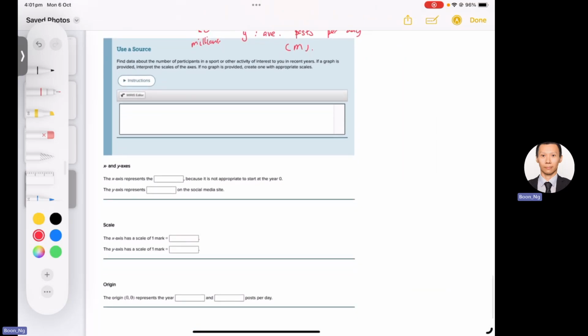And the origin, okay, the origin means the 0, 0 of origin represents the year 2008 and 0 posts in million per day.